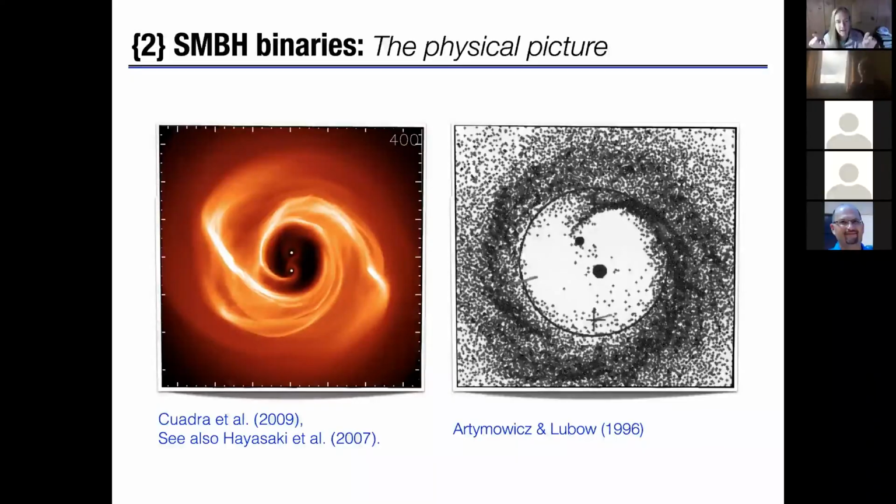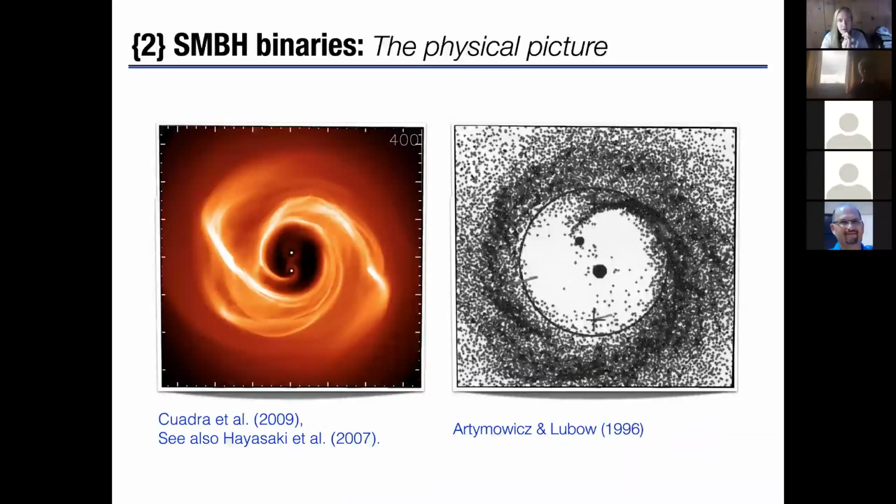You can have gas that can stream across the gap, and it can fall onto one or both of the black holes. In this picture, the broadline region is right down in there around the supermassive black holes. So it's like a little mini disk inside of the circumbinary disk. And the narrow line region would be on very large size scales off of the slide in the host galaxy.